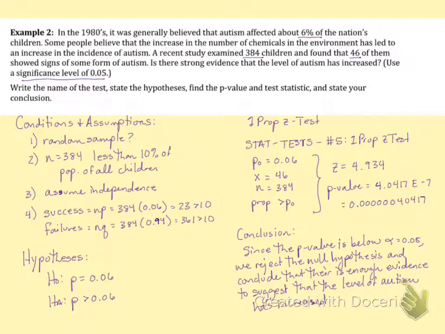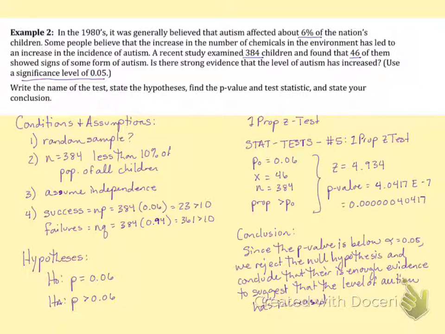First I want to talk about what is a p-value. A p-value is the probability that we would observe this sample given that the null hypothesis is true. So given that 6% of the nation's children have autism, what's the probability that we observe 46 out of 384 of them? Well, the probability is extremely small. And since the probability is extremely small and our sample was very good, that would mean that we have evidence against supporting that null hypothesis.